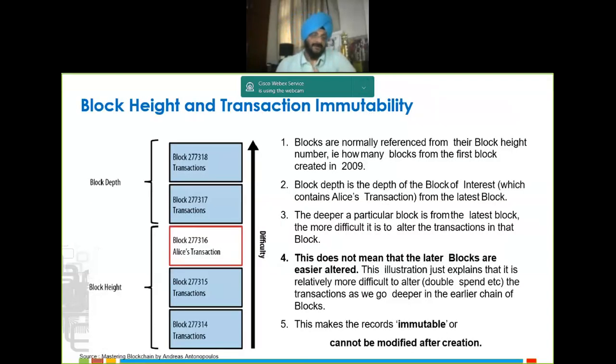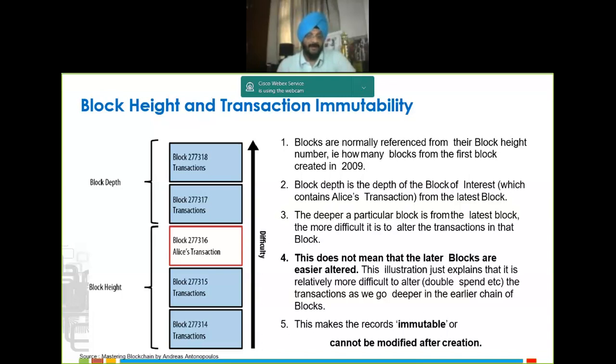Some of the terminologies being used are block depth and block height. Block height gives you the number of blocks, and the number of transactions in each block. Block depth is another definition which gives the depth of the block of interest from the latest block.